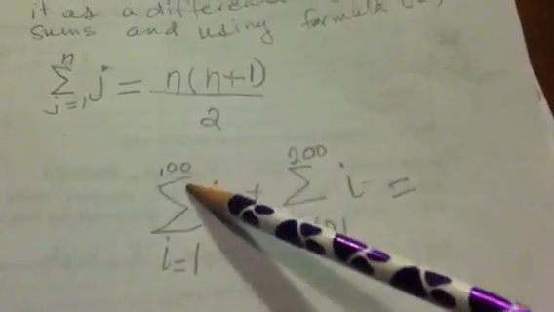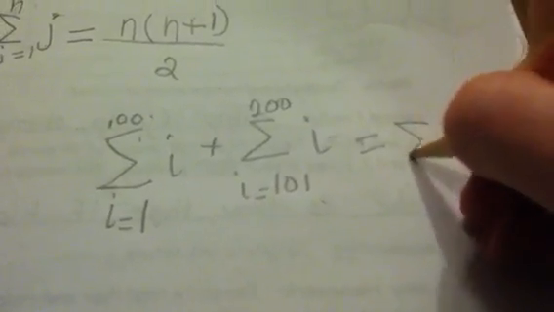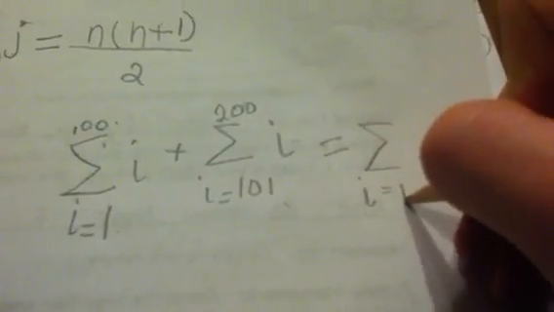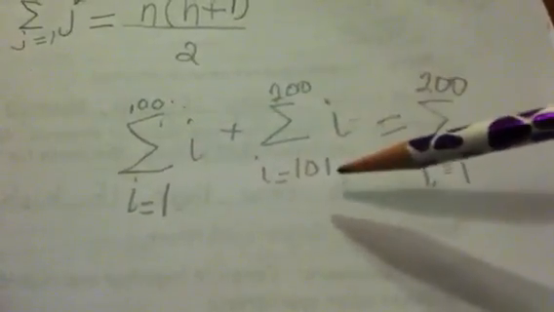It starts at 1, goes to 100, and then this one picks up where this one left off. So really, this is just equal to the sum of I from 1 to 200. See, nothing is skipped from 1 to 100, then 101 to 200.